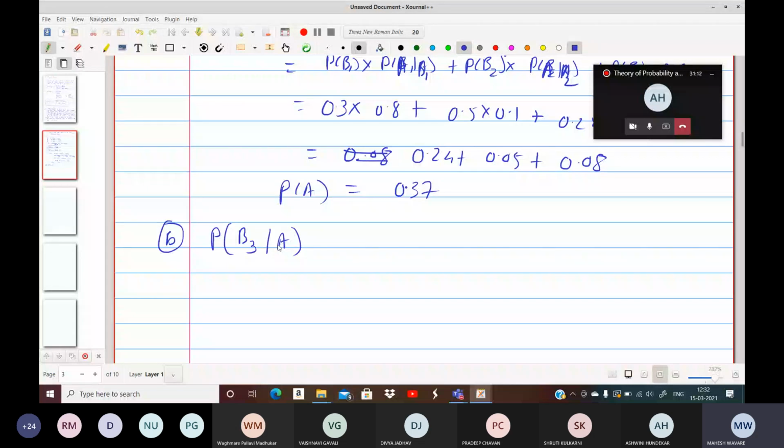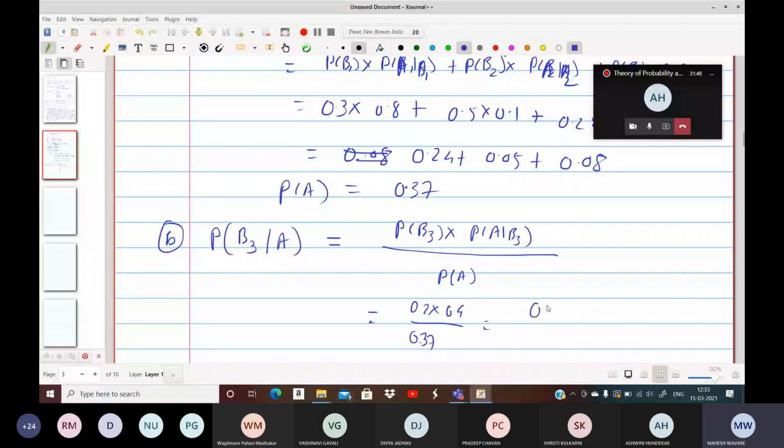So by Bayes theorem, you can calculate it using this. The probability of B3 multiplied by probability A conditional B3, and the earlier calculated probability of A. This is probability B3 intersection A, and for B3 intersection you have written this. The probability A is 0.37, which has been calculated just now, and the probability B3 is 0.2 and A conditional B3 is 0.